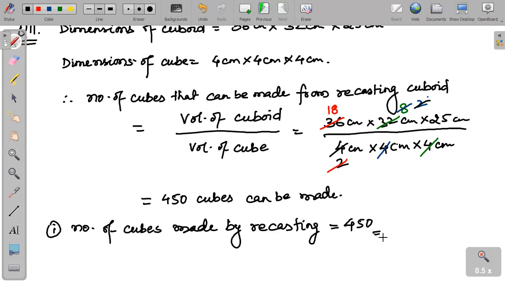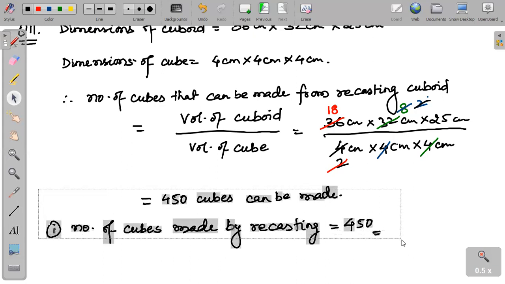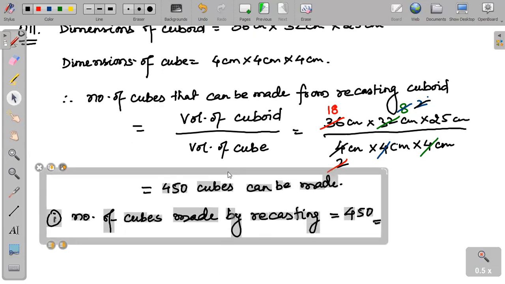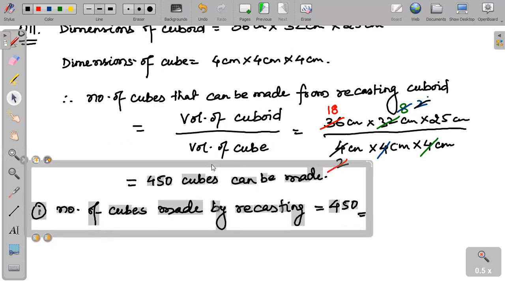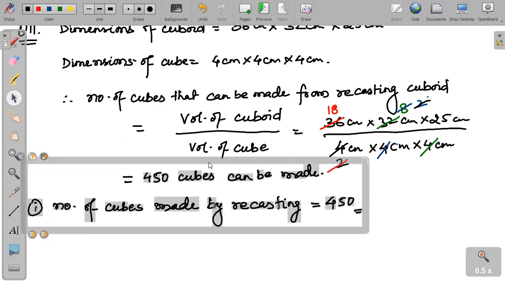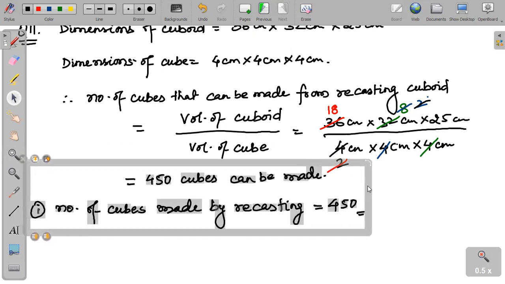Now the second part of this is, what is the cost of silver coating. Can I go to the next page? Yes, sir. Let me try to do it here.